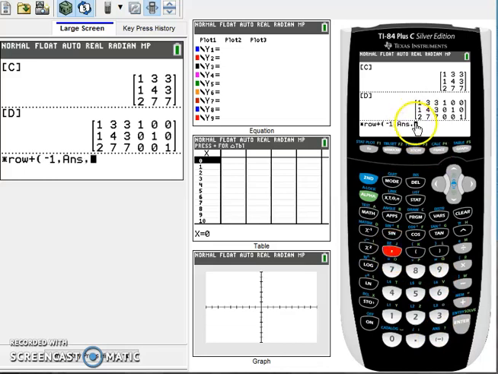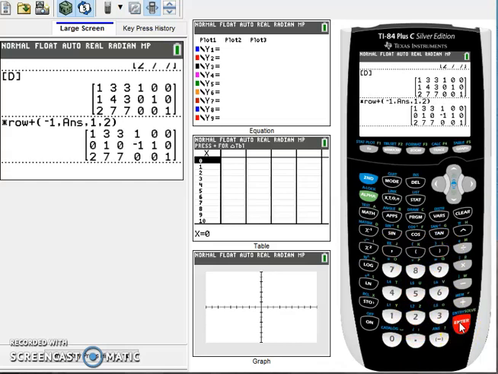And then we're multiplying row number 1 by -1 and adding it to row number 2. So you can see that we now have a 0 in this second row right here.